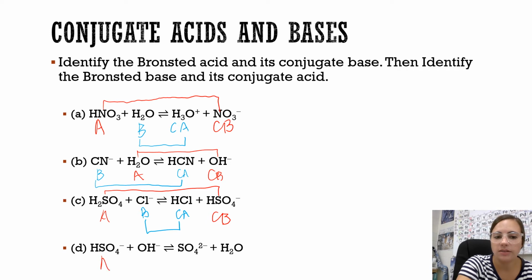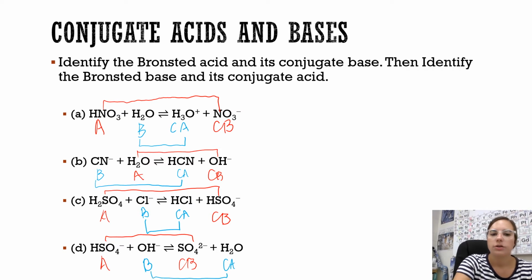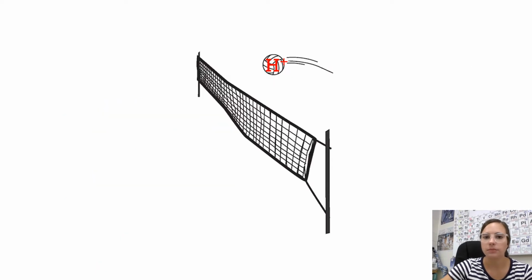Now this time HSO4- donated an additional proton to become SO4 2-, my conjugate base. And hydroxide accepted that proton, so it's the base, and it formed the conjugate acid water. So we would call these two a pair, and we would call these two a pair. Those are conjugate acid-base pairs.